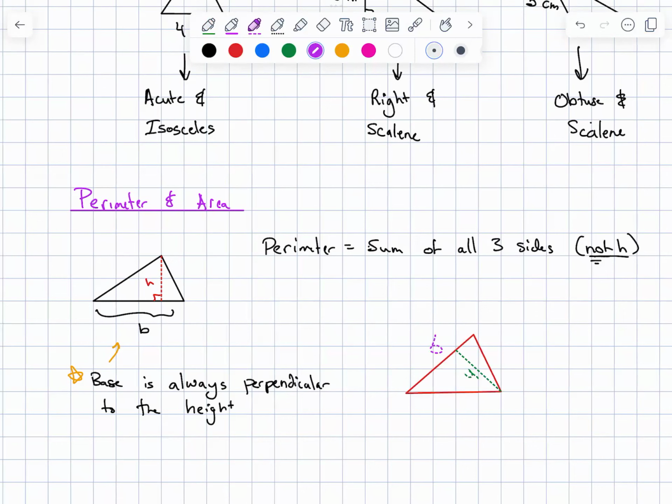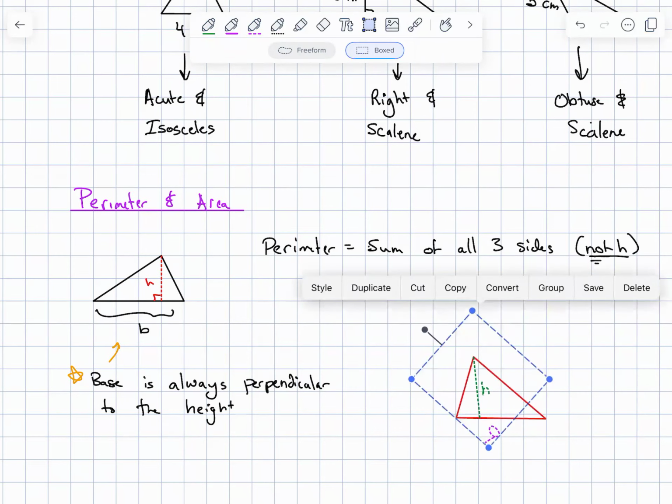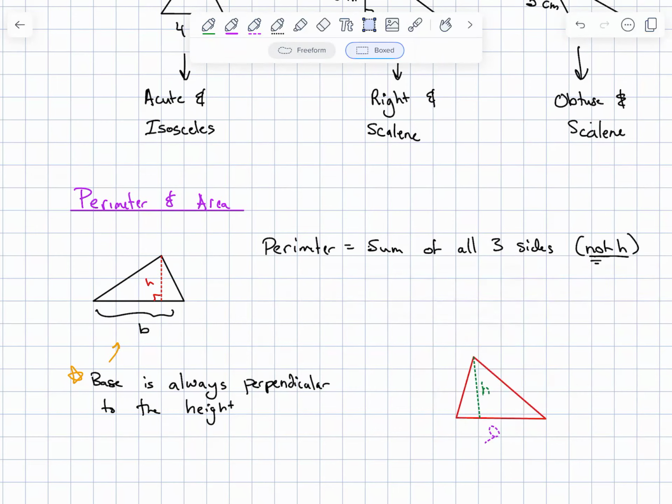It doesn't matter, because all I need to do is reorient it to view it in the right light. I know the B is upside down now, but just so we're clear, it doesn't matter how you decide to do it. The height always needs to be perpendicular to whatever you're going to call your base.